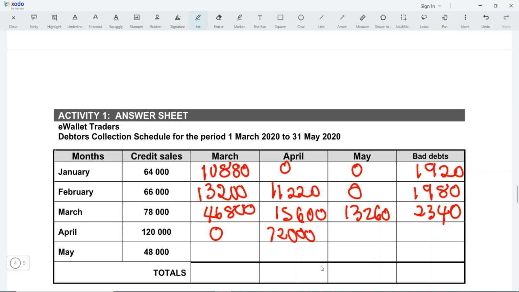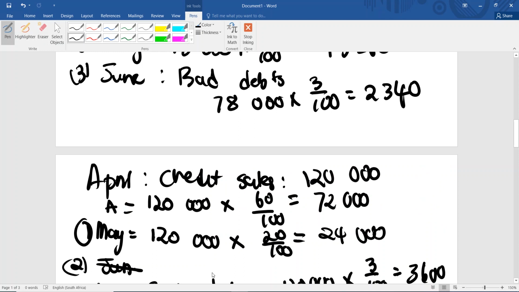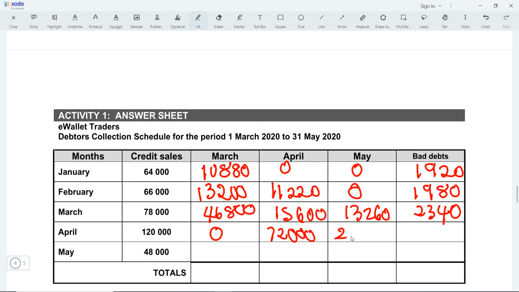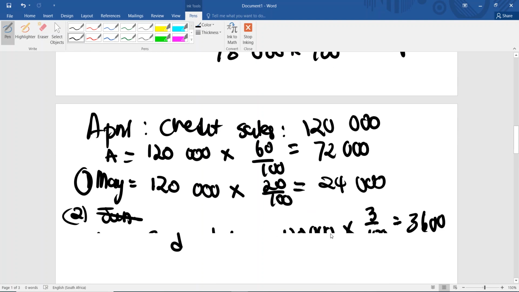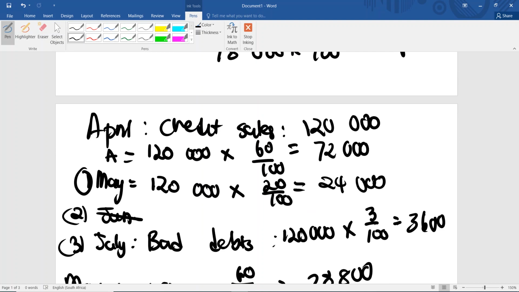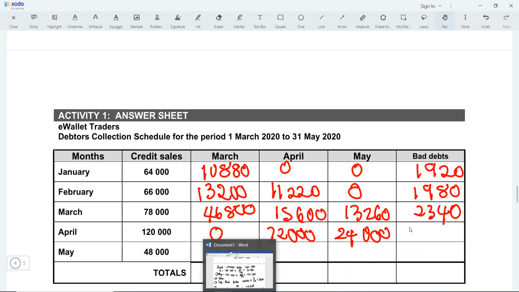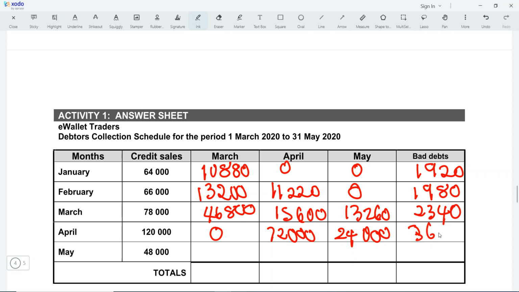And then for May, which is the first month, you're going to have 24,000. So that 24,000 will be written here. And then the bad debts amount that will be written off will be 3,600. So you're going to write that 3,600 here.